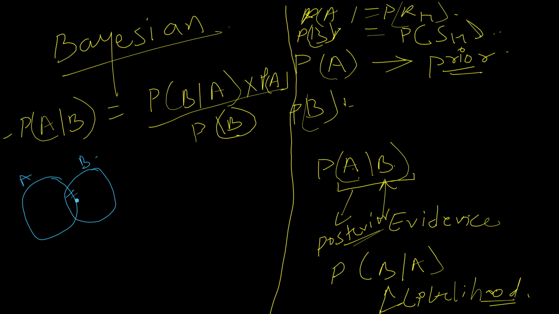One is that there is an overlap between set A and B, and the second is that there is no overlap between set A and B. Suppose I have 3 data points in set A and two data points in set B, and in this particular case there is one data point intersecting between them. It belongs to both set A and B. Here also it is the same thing, but there is no intersection.